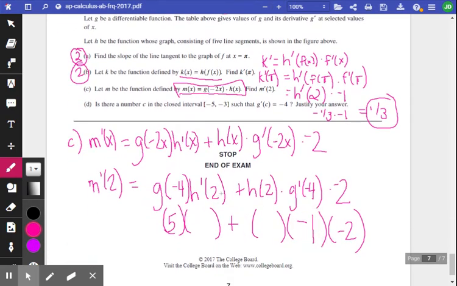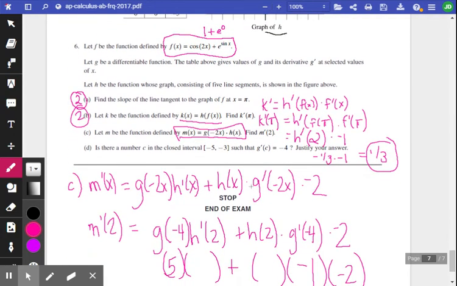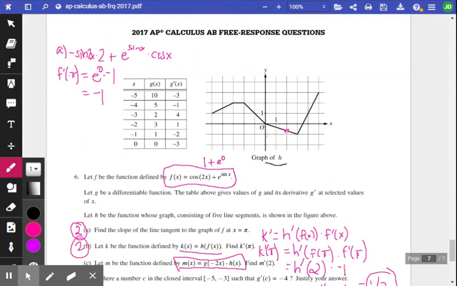And now I got to get h of 2 and h prime of 2. And h is up here. So h of 2, I'm going to use the graph. So h of 2 is here. Well, how do we get that value? So how do I find out what h of 2 is? I can't see where I am here real easily, but I do know what the slope is.